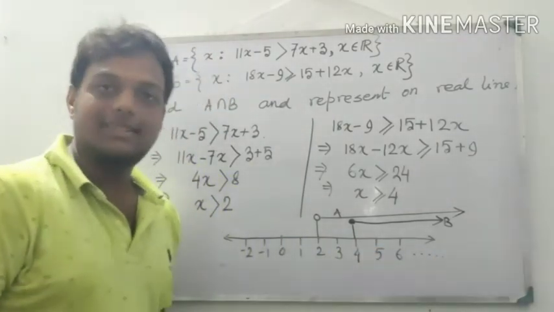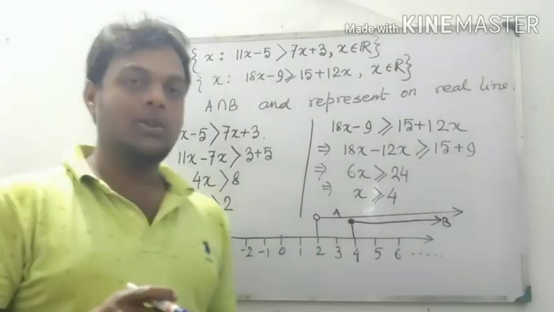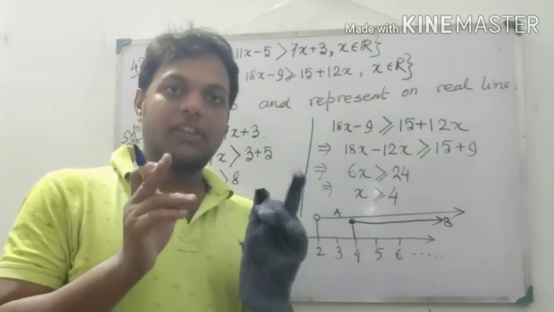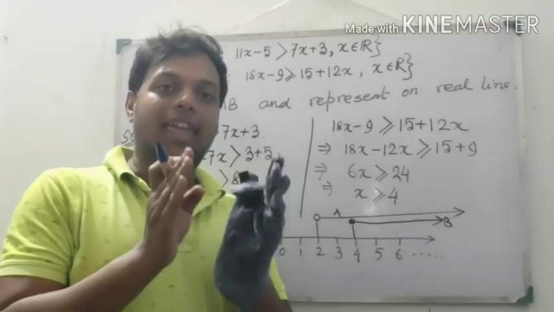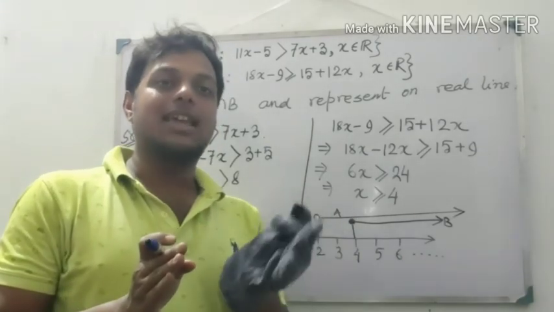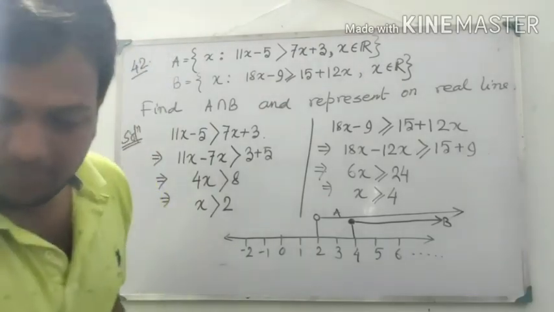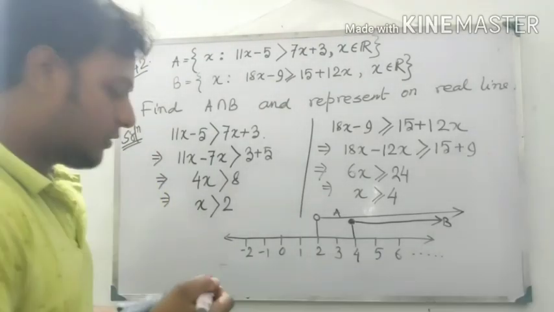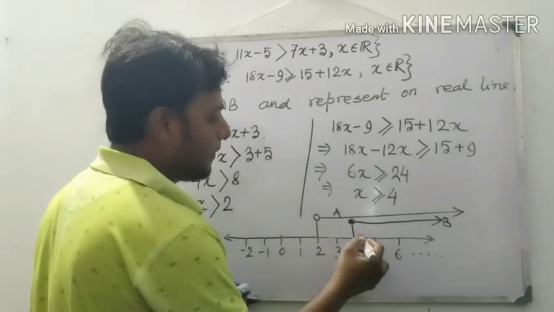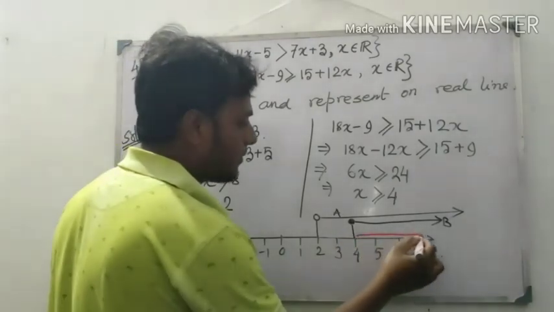So what is A intersection B? In set theory, A intersection B means the common part of A and B, that means the part which exists in A as well as in B. See properly, the intersection will be this zone.